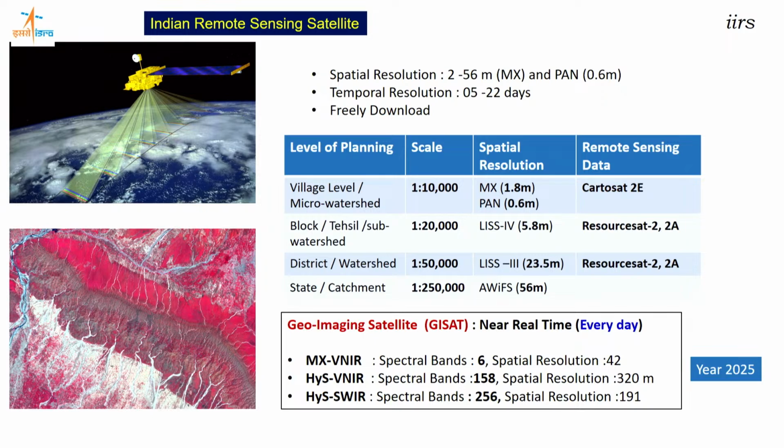So you can see that different spatial resolutions are available with our remote sensing satellite data, which can be used to prepare maps at village level, block level, district level, state level. As per the requirement of the user, you can select the scale and the satellite data, and prepare the map.